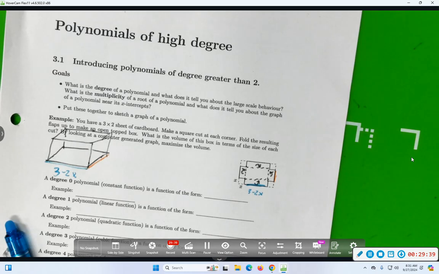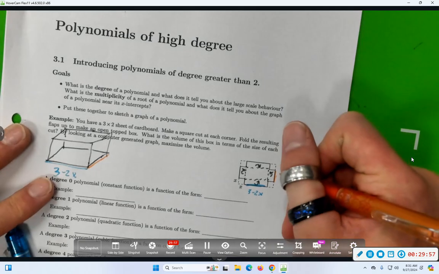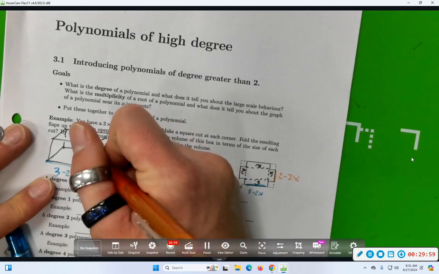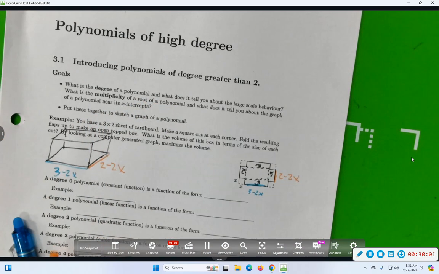Same question again. I guess the answer is pretty close to the same too, right? What's the starting width of this box? 2. I'm going to cut 2 x's out. 2 minus 2x. And the last thing I need is the height.